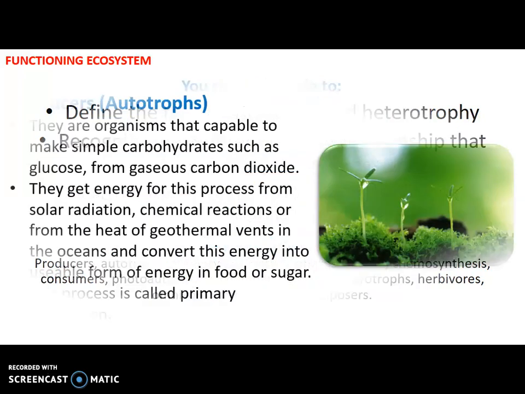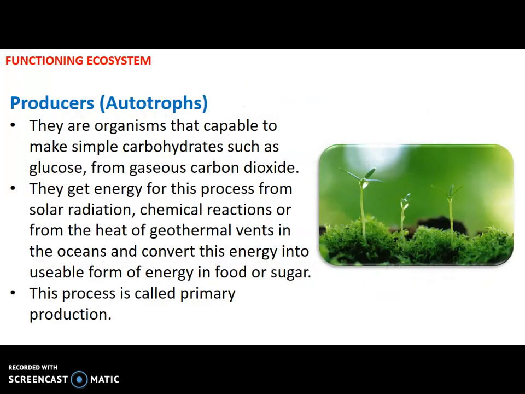Now, let's look at the producers. The producers are organisms that are capable of making their own food. They have the ability to manufacture their own food independently. The way by which these organisms manufacture their own food is by trapping the energy from the sun.